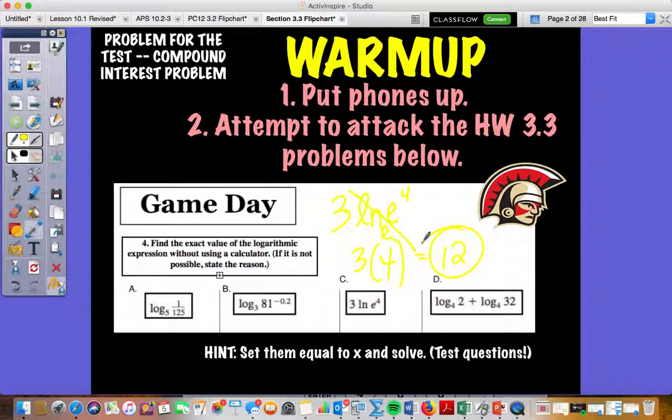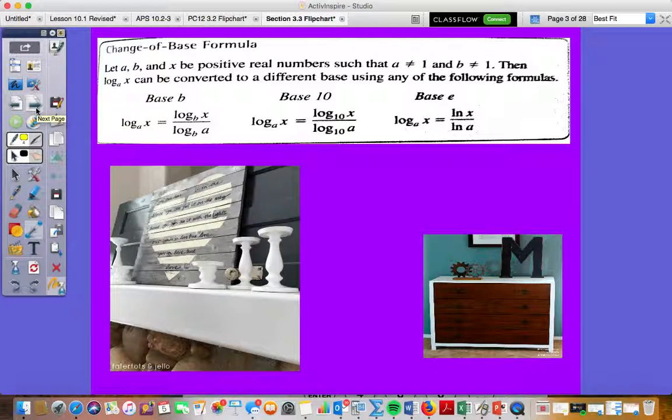Okay. D we're going to come back to, and we're going to hit that here in just a second, okay? All right, there's 2 types of things in this lesson. The first one's really, really easy. I call them quick hitters. Go to numbers 1 and 2, okay? Right at the top of your homework, you're going to notice it says something about the change of base formula.